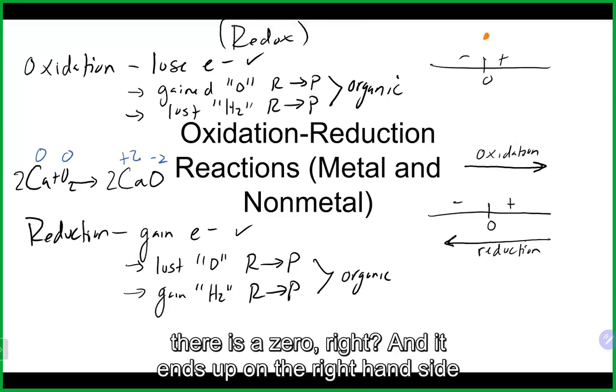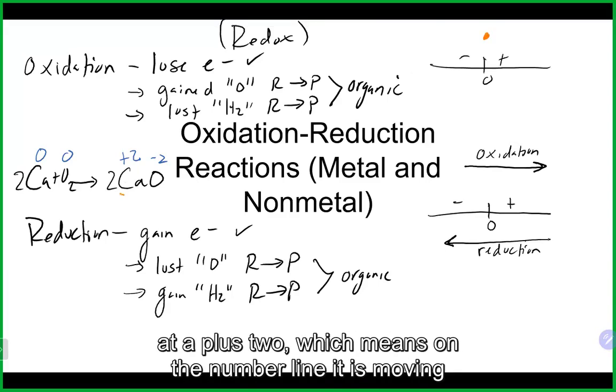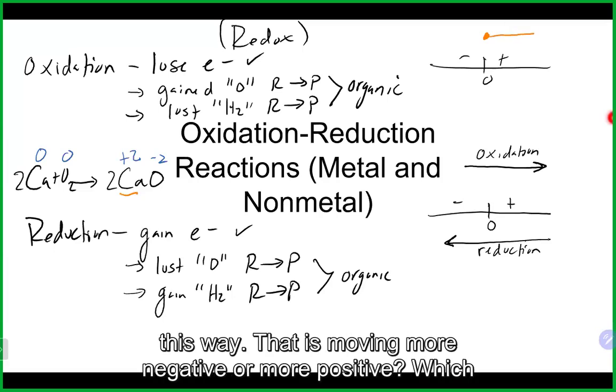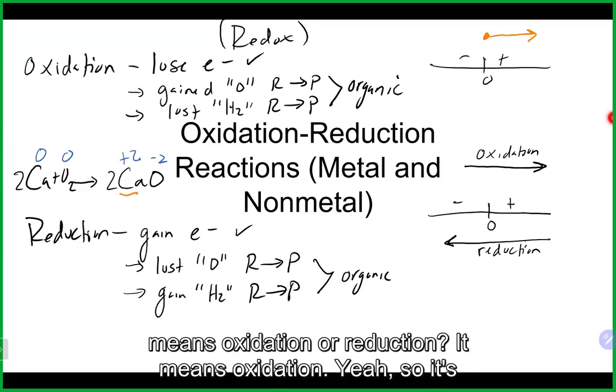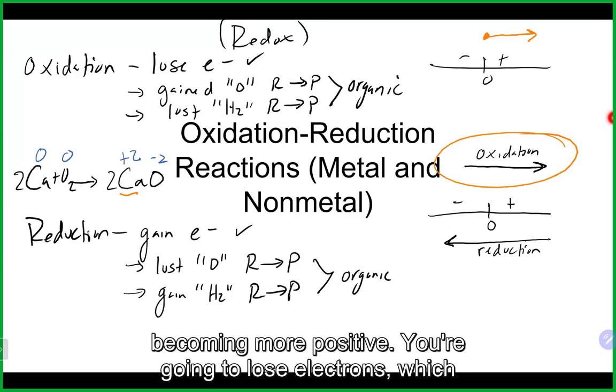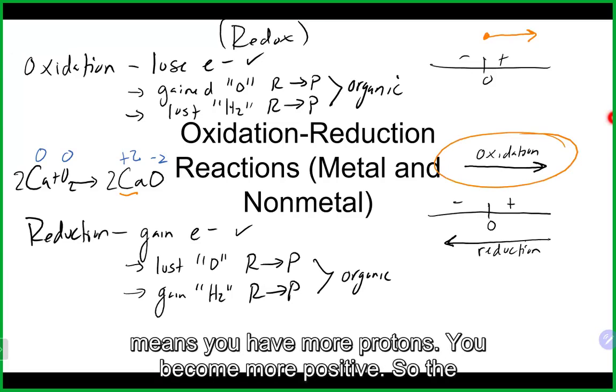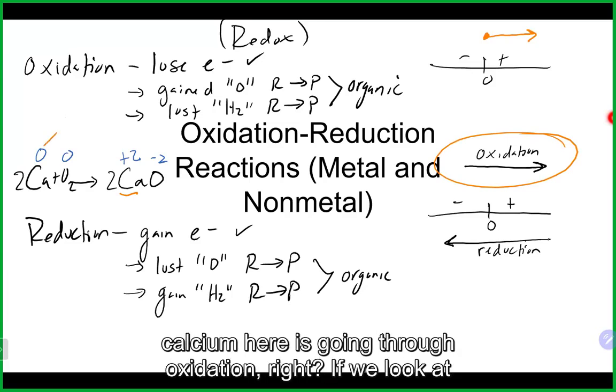And it ends up on the right-hand side at a +2, which means on the number line, it is moving this way. Is that moving more negative or more positive, which means oxidation or reduction? It means oxidation, yes? So it's becoming more positive. You're going to lose electrons, which means you have more protons, you become more positive. So the calcium here is going through oxidation, right?